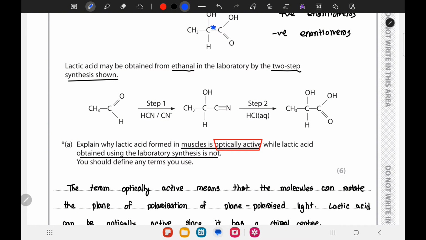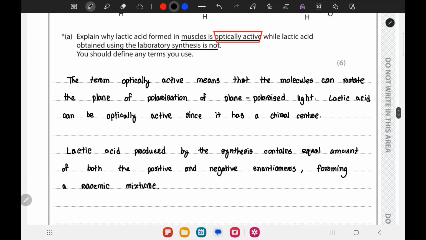So if you have this shape over here, it's like a triangular piece of paper. These are the bonds, and you can think about the CN minus nucleophile attacking from the top of that paper or from the bottom of that paper. So we have an equal probability of that happening.